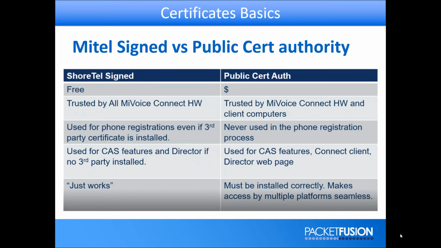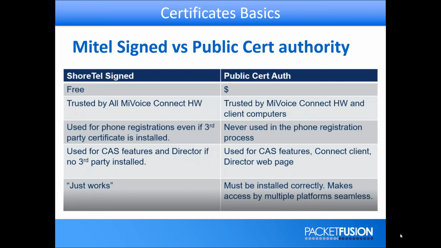And finally, here's a quick table to show differences between the Mitel-signed or self-signed certificates and the public certificates. The Mitel-signed certificates come out of the box and are trusted by all our hardware. So long as the phones download that certificate properly, generally things work. On the other hand, the public certificates are trusted by the client computers.